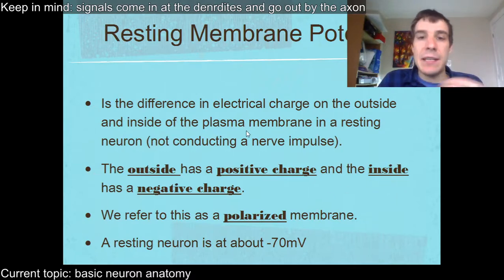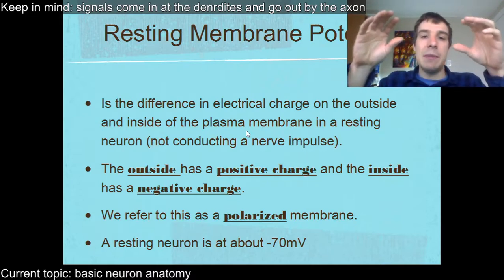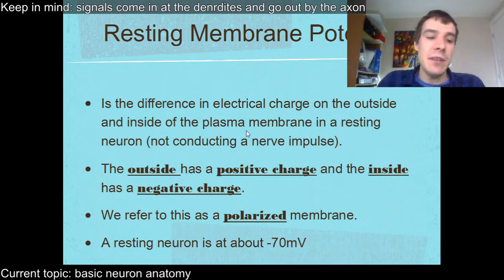There's a resting potential in the membrane. Remember how in the mitochondria there's a bunch of H plus in the intermembrane space and little H plus in the matrix? The same thing happens here. You have a positive charge on the outside and a negative charge on the inside. This is something called a polarized membrane, and the millivolts, 70 millivolts, volts is a measure of potential.